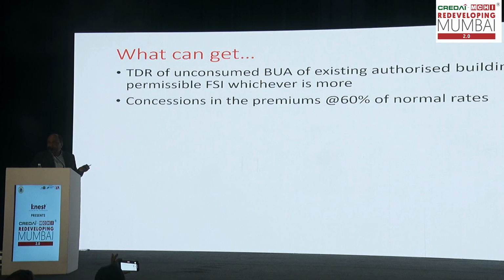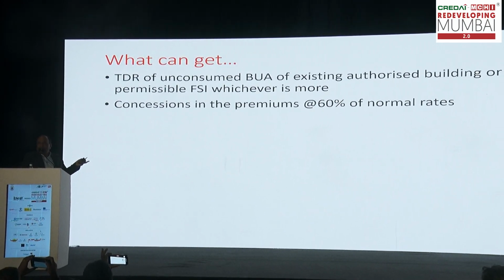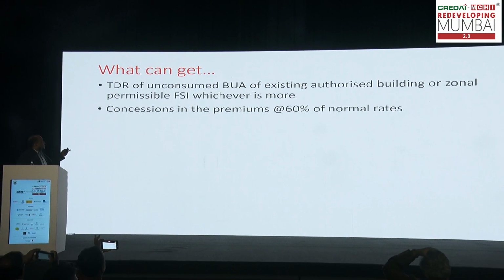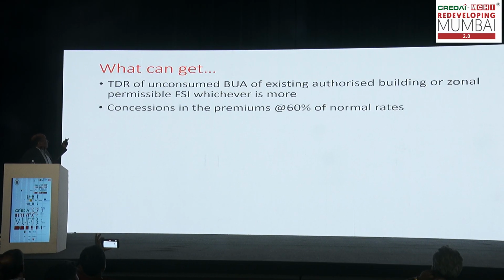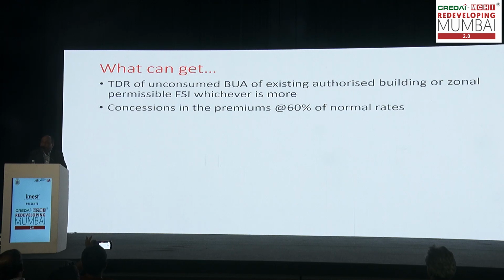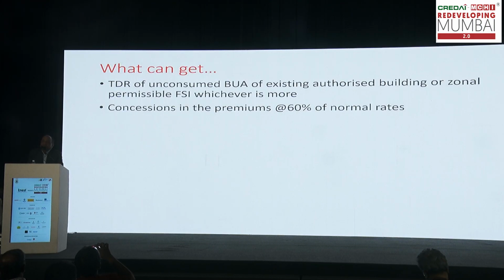Now, what can all these eligible buildings get? The TDR of unconsumed zonal permissible FSI will be given. What does it mean? In the suburbs, the zonal permissible FSI is 1. If the building has a height restriction of less than 18 meters, you are unable to consume the zonal permissible FSI.